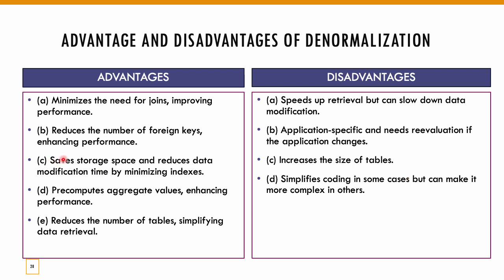It saves storage space and reduces data modification time by minimizing indexes. Okay, denormalization can reduce the need for multiple indexes across the tables, but this not only saves storage space but also speeds up data modification operations as fewer indexes need to be updated.